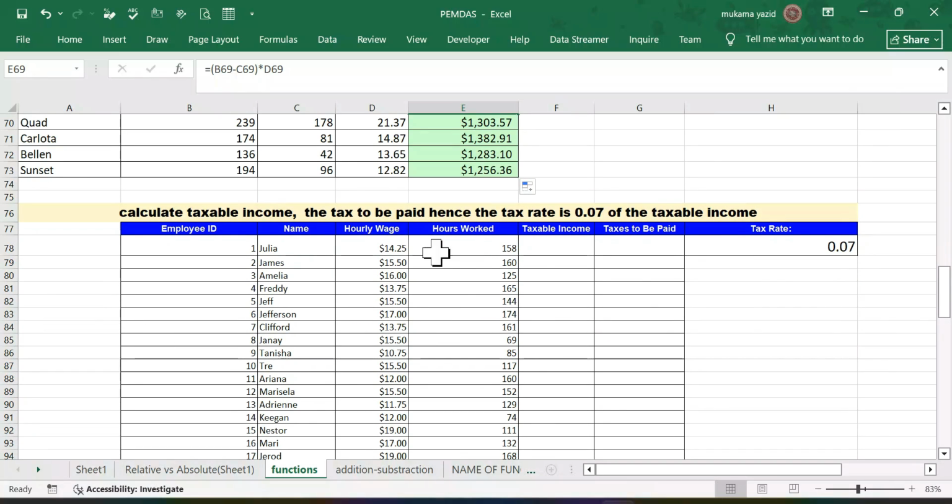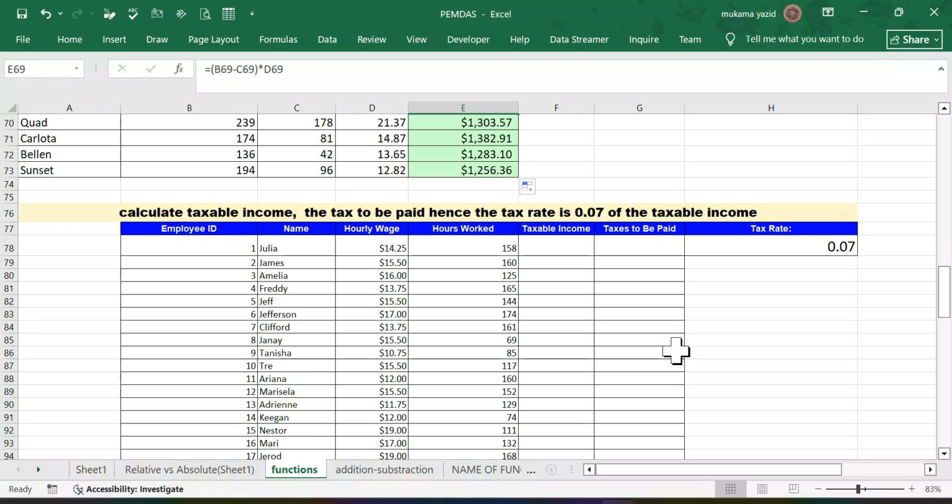Calculate the taxable income. The rate is here. Taxable income, tax to be paid. So what is the difference? They say taxable income, the tax to be paid, hence the tax rate is 0.2, this one.